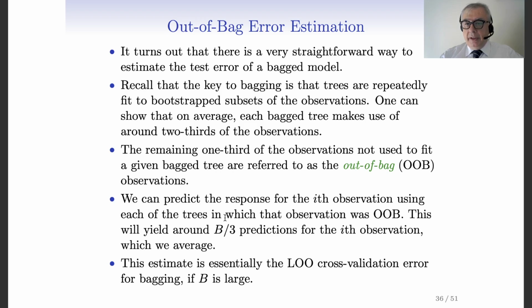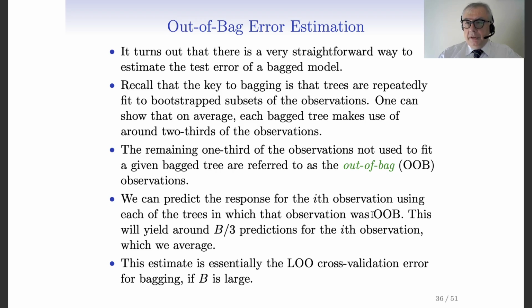So I repeat, we take the i-th observation, and it happens that many of the bagged trees will have not used this observation. So I can try to predict this observation by means of the trees that didn't use it, that are about capital B/3.